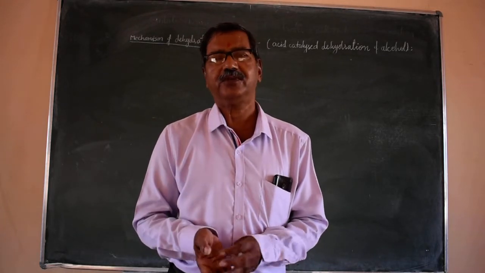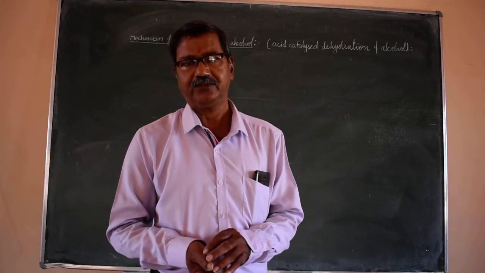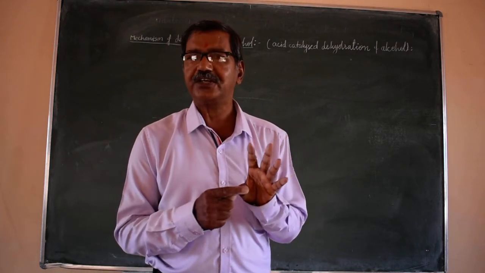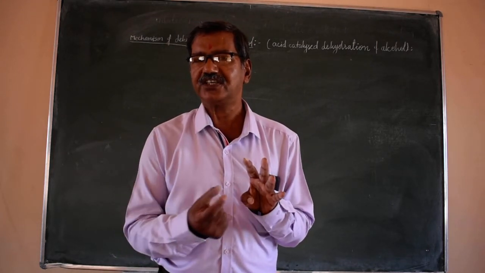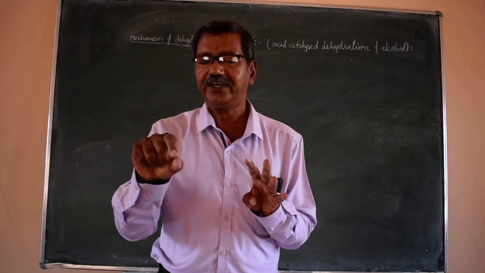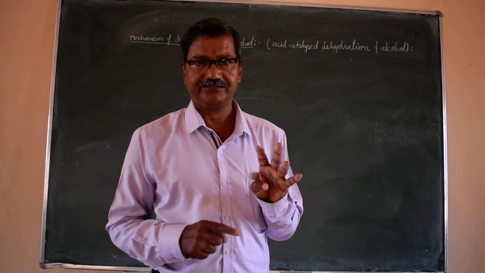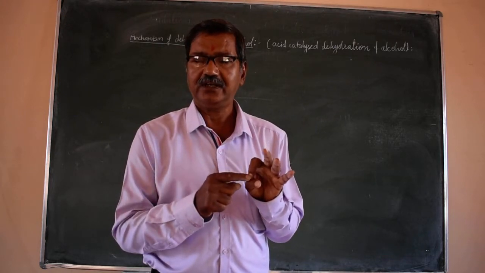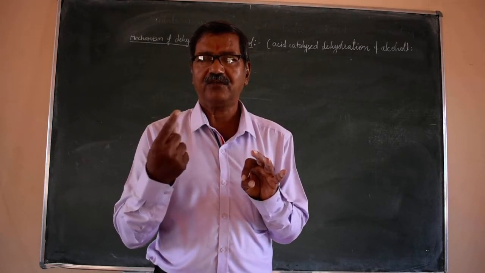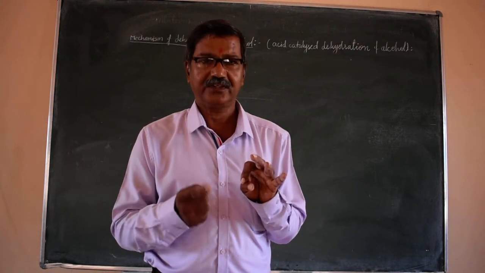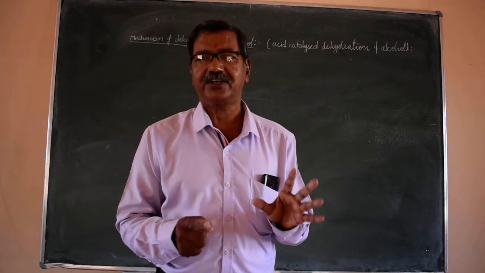The mechanism has three steps. One is protonation of alcohol, as I told, the function of H2SO4 is that it donates a proton. Second one is formation of carbocation. And third one is elimination of proton.